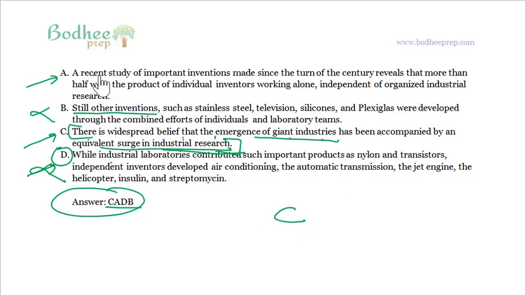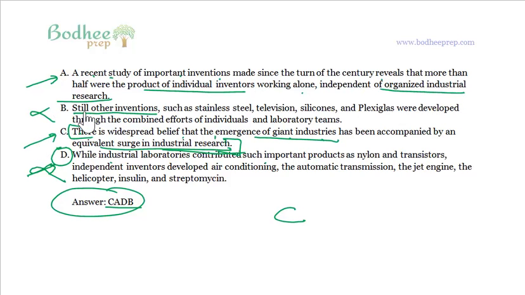A recent study of important inventions, right? So basically, it says a recent study of important inventions made since the turn of the century reveals that more than half were the product of individual inventors working alone, independent of organized industrial research.